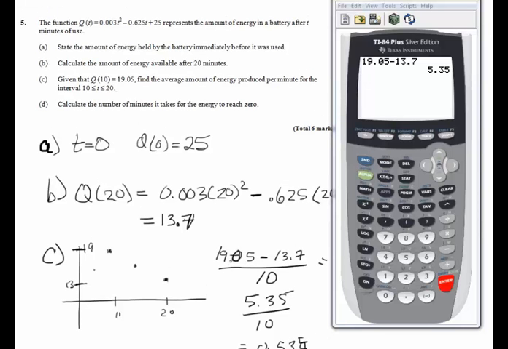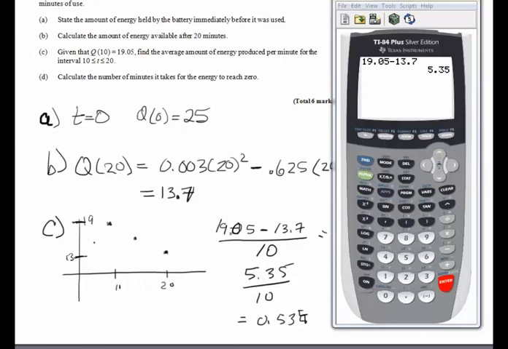Whoa. Okay. And let me just make that pretty. So there's your answer to part C.